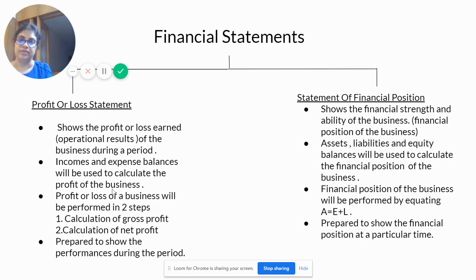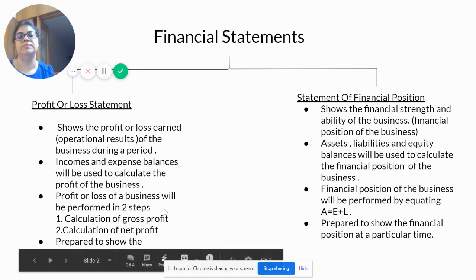The second difference will be the profit or loss statement will be prepared using the incomes and expenses balances, whereas the statement of financial position will be prepared using assets, liabilities, and equity balances. The profit or loss of the business will be calculated in two parts, as the gross profit and the net profit.